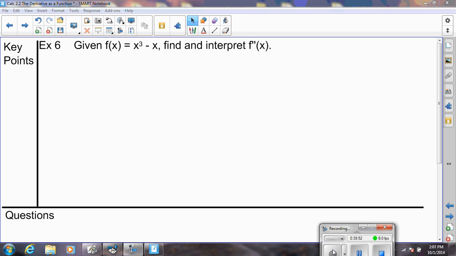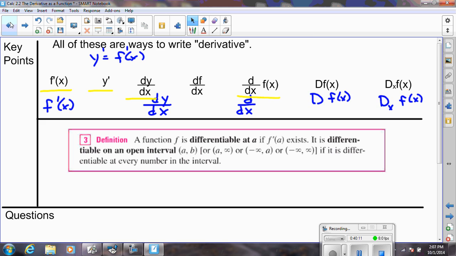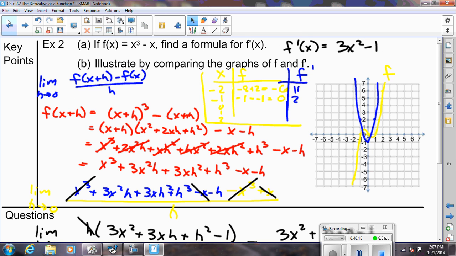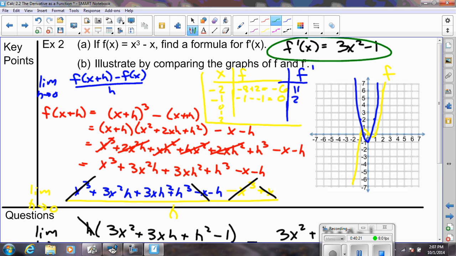For our next example, we are asked, find and interpret the second derivative, f double prime of x. I'm hoping that you recognize this is a function that we were working with earlier. We already did the first derivative here, and we obtained f prime of x equals 3x squared minus 1.